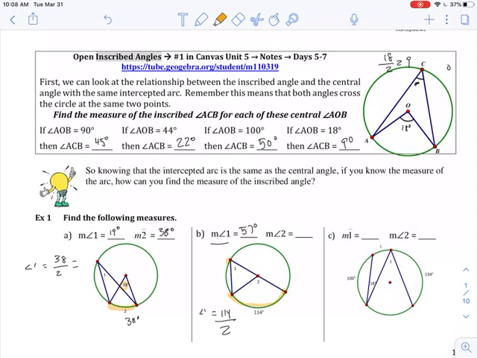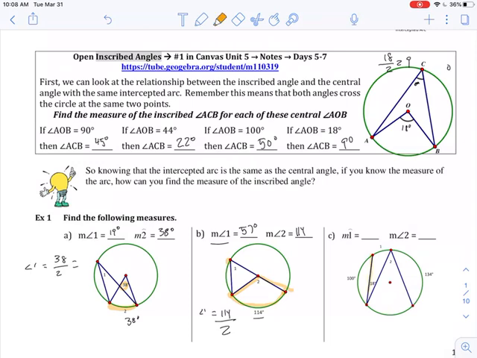And then the center angle right there is going to be the same as the arc, right? So if my arc is 114, angle 2 would be 114 as well.